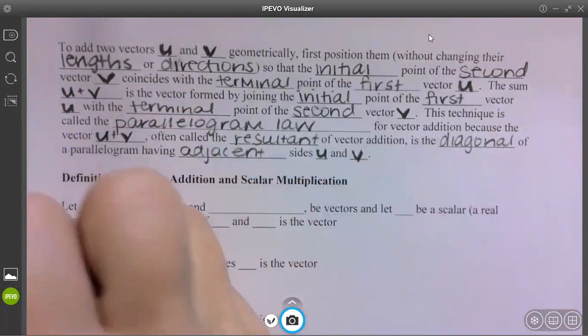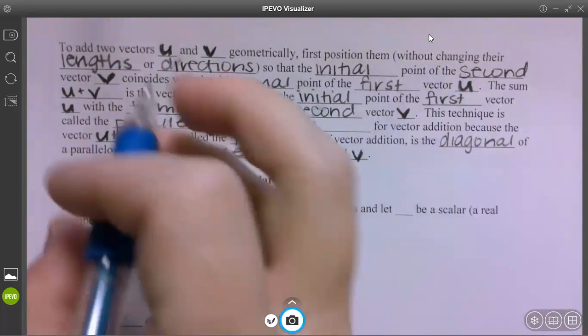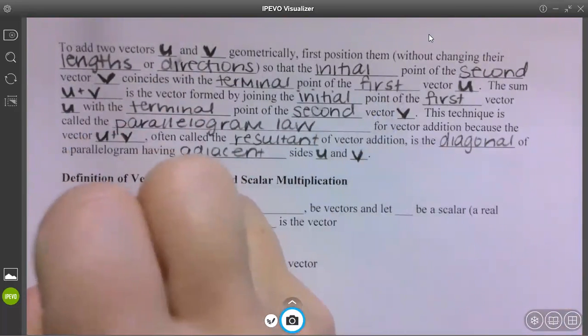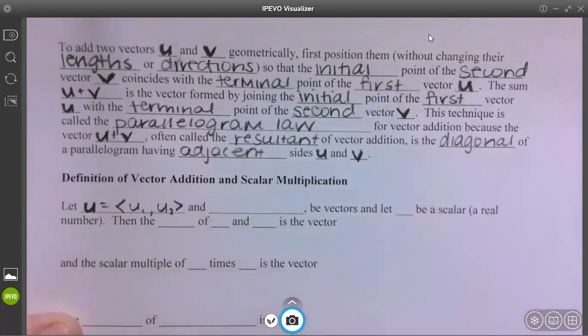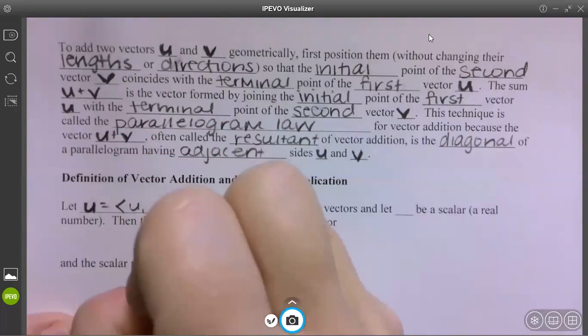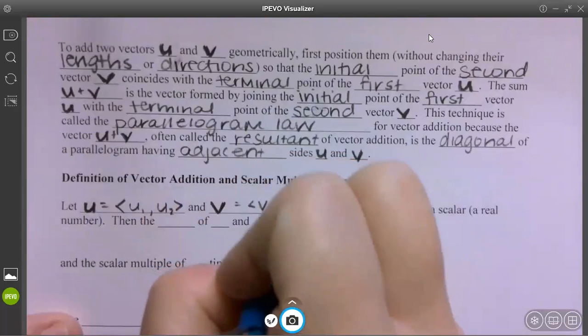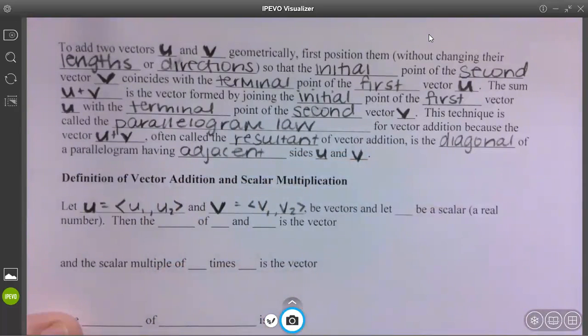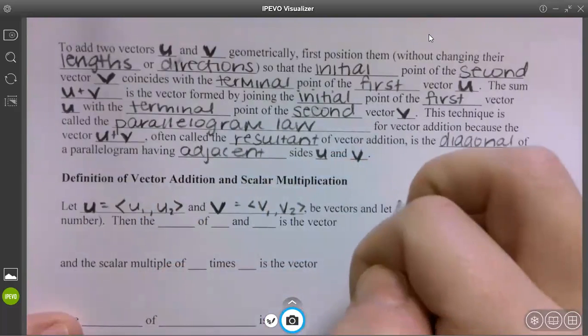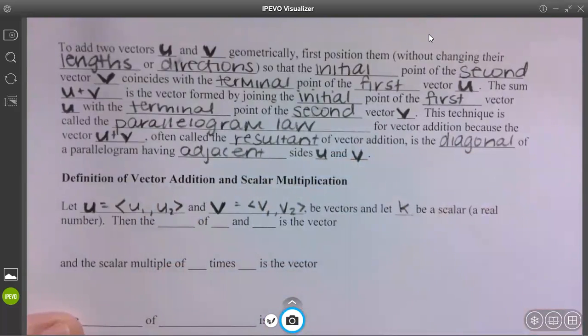Let u equal the vector u1, u2, and v equal v1, v2. So we're going to let those be vectors and let k be a scalar. Remember, k in this text is always real numbers.